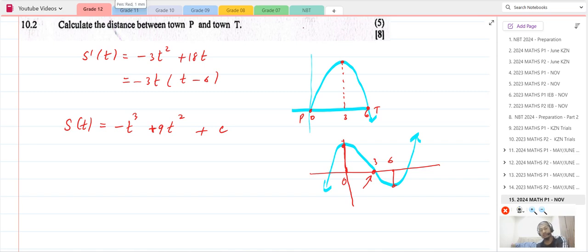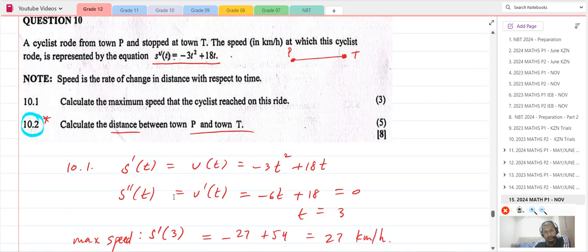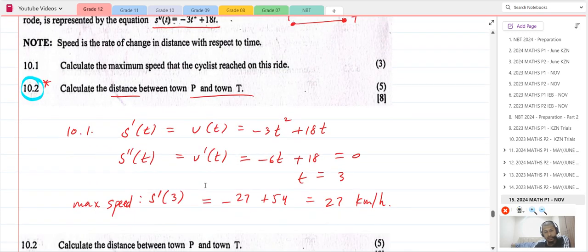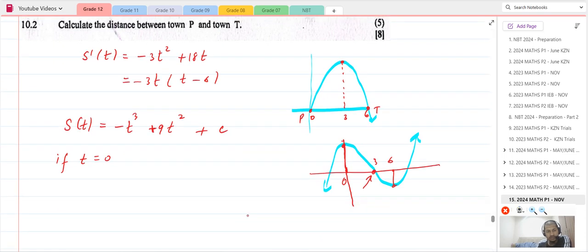If t is equal to 0, then the speed is also equal to 0. Then this person started at 0, so s will also be equal to 0.